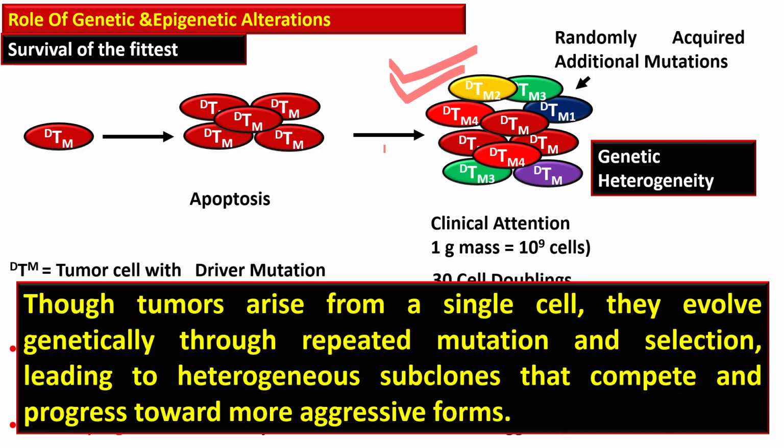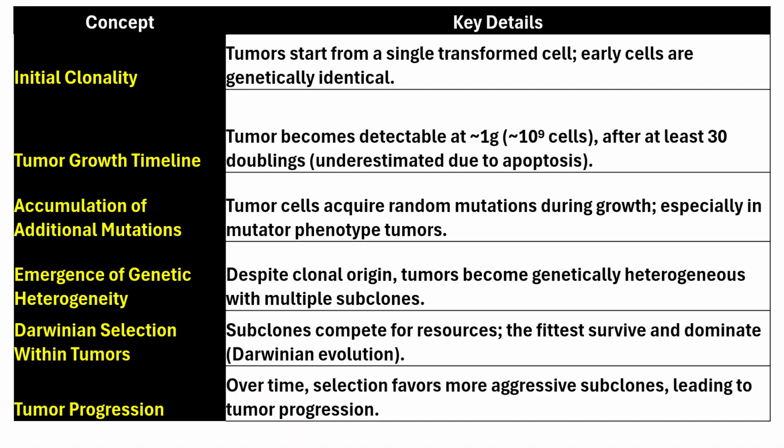So finally, we can summarize that though tumors arise from a single cell, they evolve genetically through repeated mutation and selection, leading to heterogeneous subclones that compete and progress toward more aggressive forms. So this concept can be rephrased as: during the initial clonality, the tumor starts from a single transformed cell, and these are genetically identical.